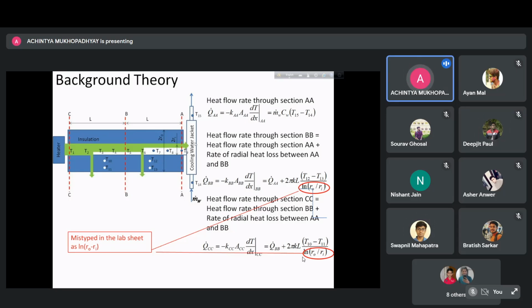So whatever heat is passing through the section A is removed by the cooling water. How much heat is removed by the cooling water? If m dot w is the mass flow rate of cooling water and Cw is the specific heat of water, then the rate of heat removal by the cooling water is m_w C_w times (T15 minus T14).